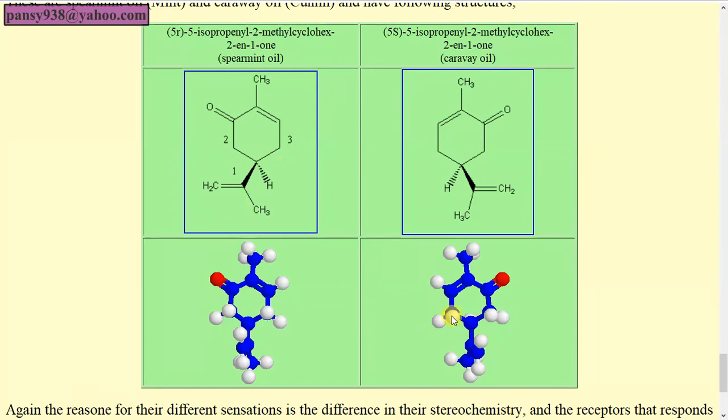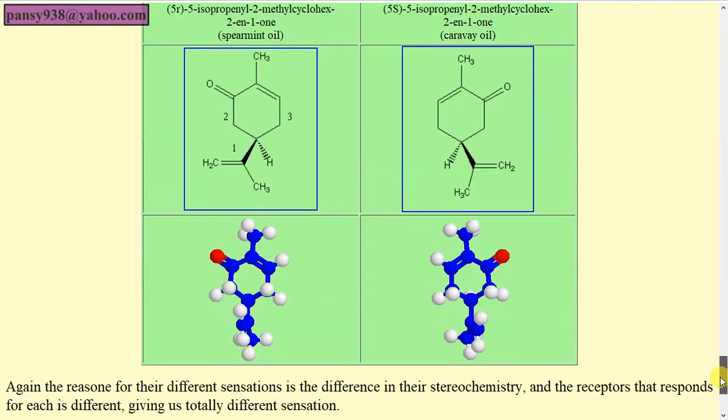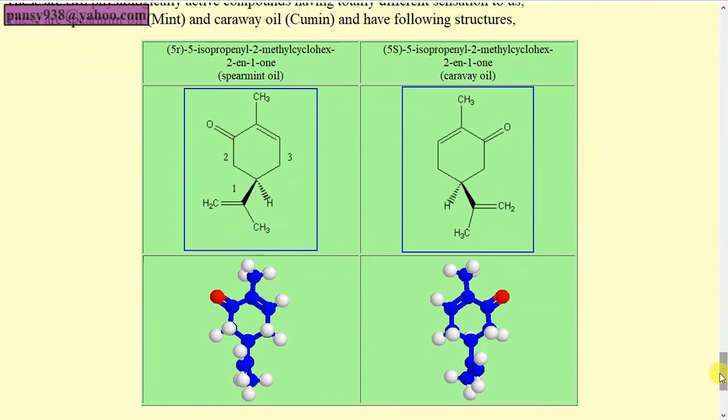If there is a problem, you can consult the two-dimensional diagram, which makes it easy for you to understand. Now think that the structure of both the molecules is almost the same except for their optical action.